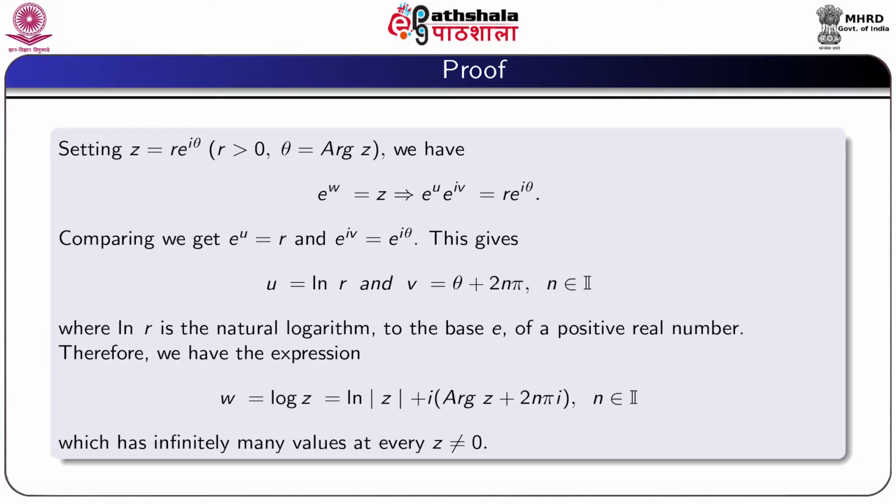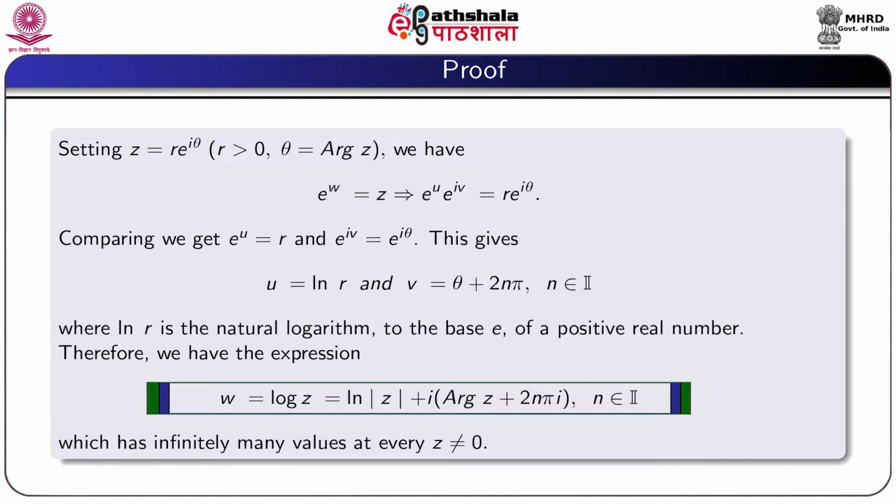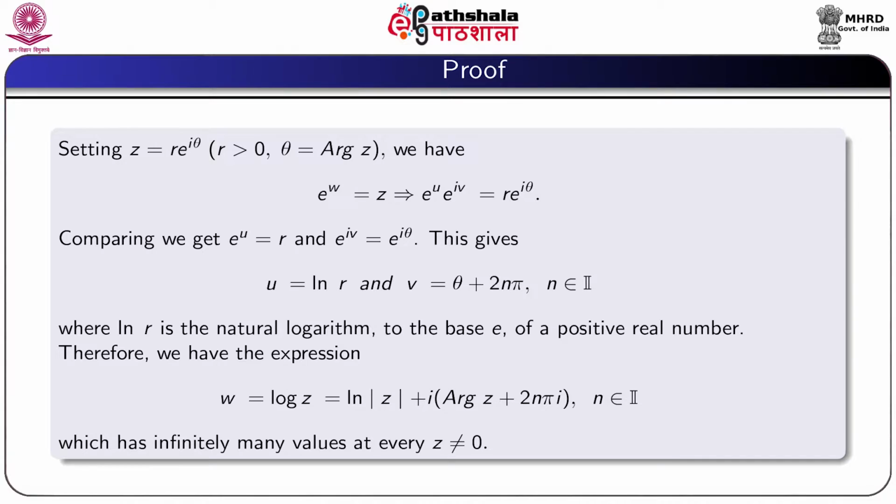Therefore, we have the expression w equal to log z equal to ln mod z plus i into argument z plus 2n pi i, n belongs to I, which has infinitely many values at every z not equal to 0.